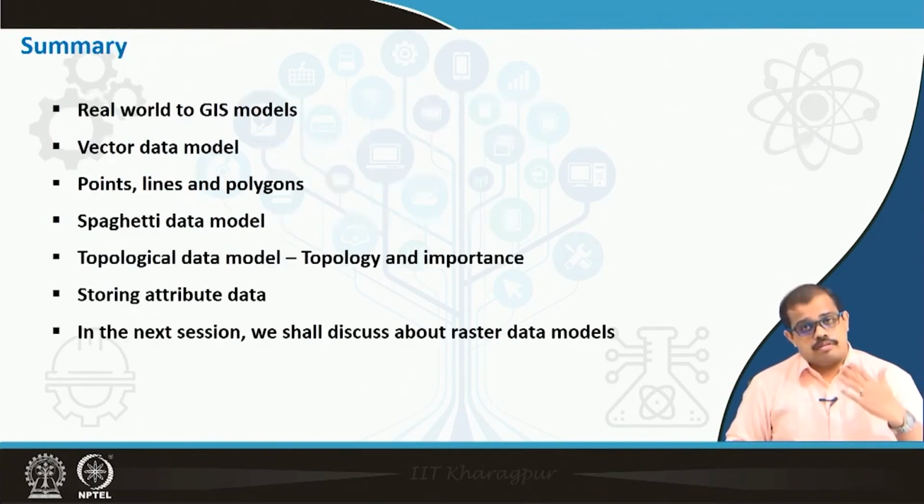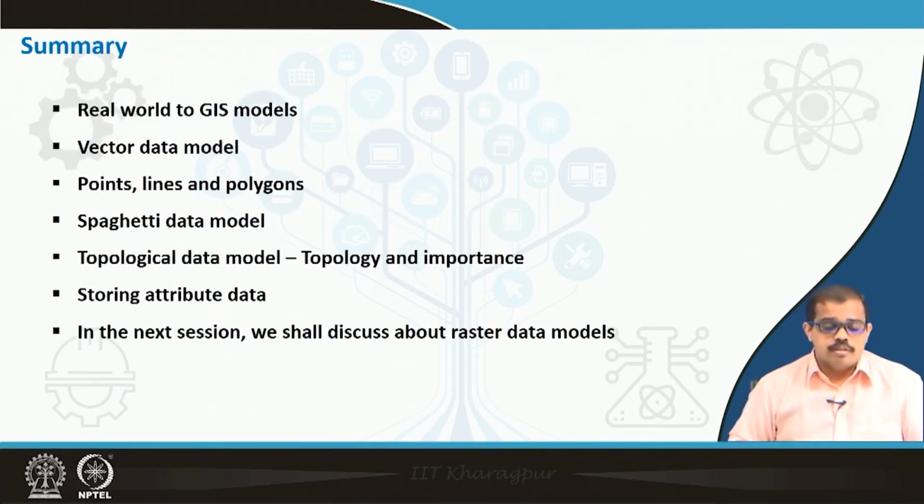Okay, so that's what I wanted to speak about in this class. We have looked at what is a vector data model. It's a point, line, and a polygon. Basically the spaghetti data model we have looked at. Each point is represented on its own, and each line has different strands that are represented in the form of coordinates. Then you have polygons.